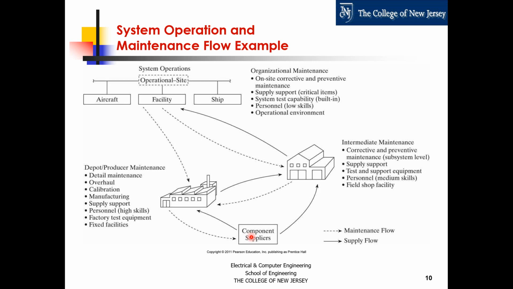So here at the operational site, via this built-in self-test and diagnostic capabilities, the system needs to be able to provide enough information such that the people involved with the system at the operational side can make a decision according to some repair and maintenance policy, whether to send it to this intermediate facility or whether to send it directly to the factory.